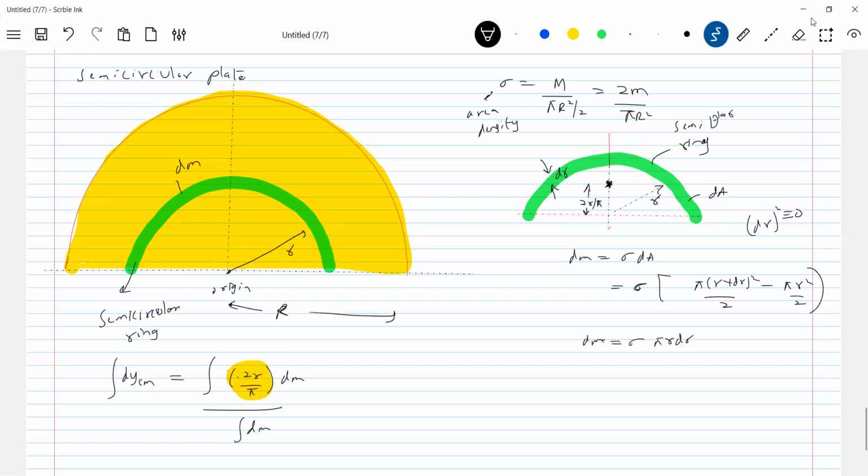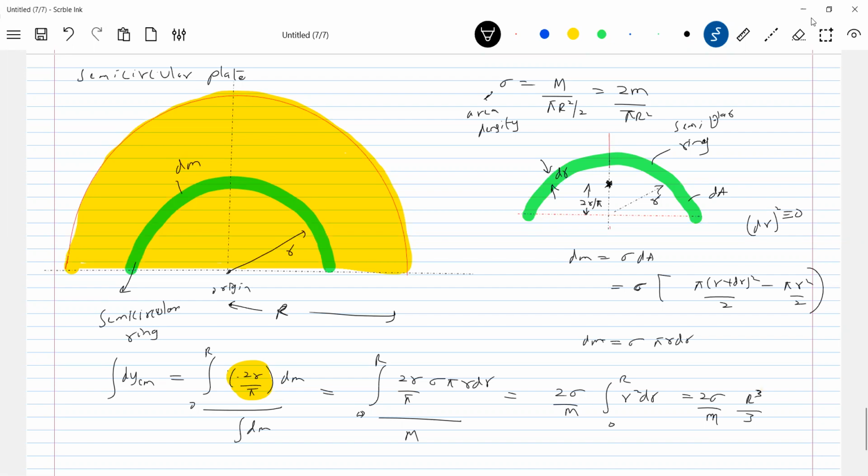So what should the limit be now? The limit should be 0 to capital R. So this should be equal to 2r by pi. What is dm? Sigma pi r dr. Integral of dm will be the total mass, 0 to R. So pi gets cancelled. So 2 sigma by m, integral of r square dr, 0 to capital R. That gives R cube by 3.